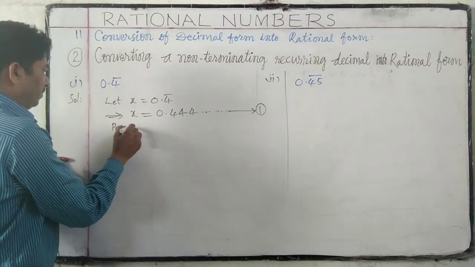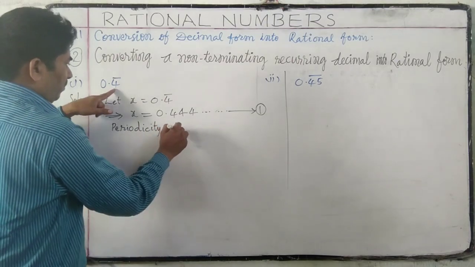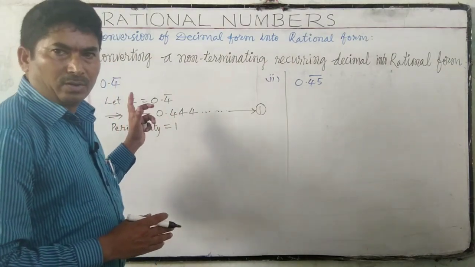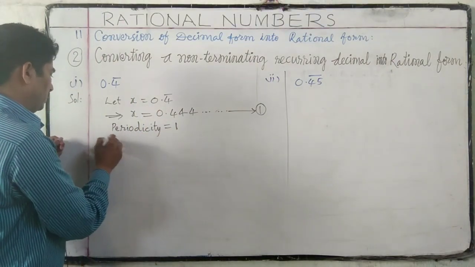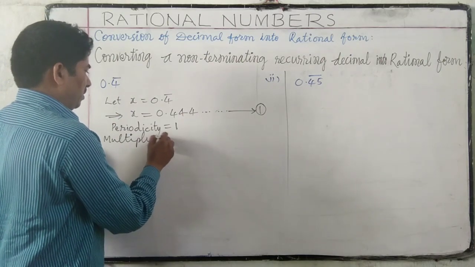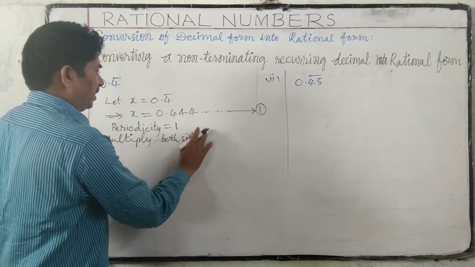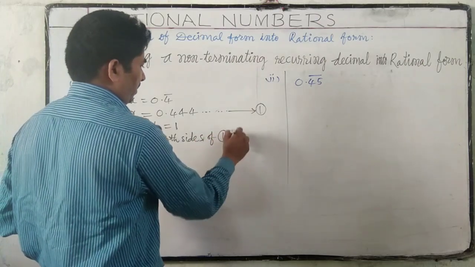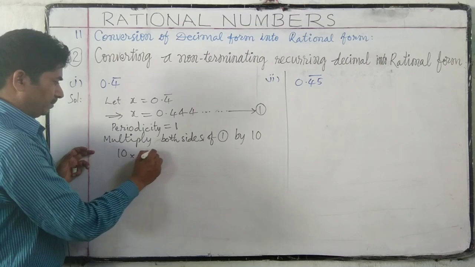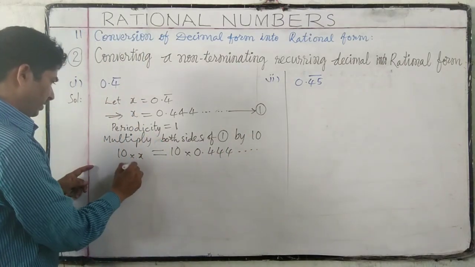Here periodicity is 1 only. So that's why we multiply both sides of equation 1 by 10. 10 into x is equal to 10 into 0.444 and so on. 10 into x, 10x.